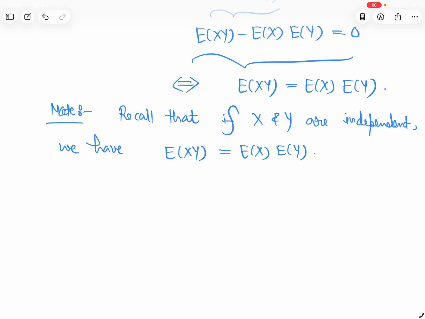We have already done that if x and y are independent, expectation of xy is equal to Ex into Ey.